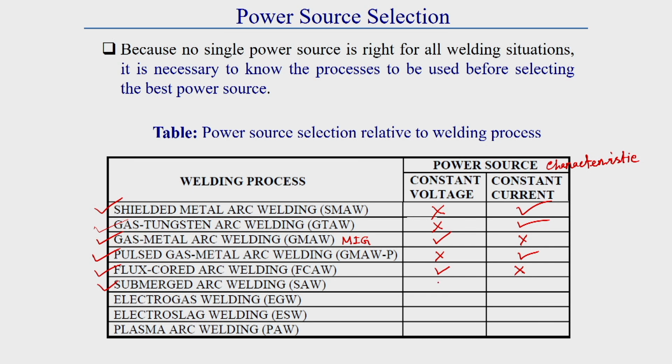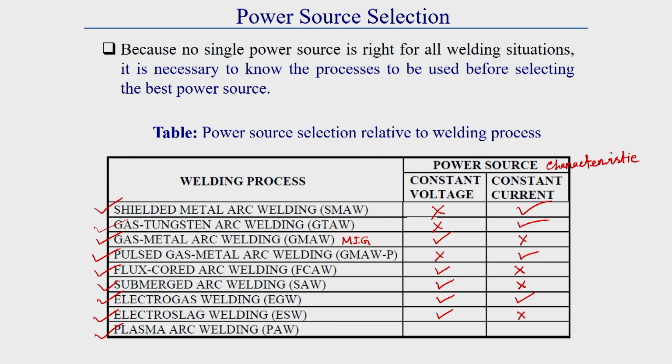So, here also a constant voltage power source characteristic is preferable. In the submerged arc welding process, constant current is not preferable. Similarly, electro gas welding is a process where generally both characteristics can be applied, that means both constant current and constant voltage power source characteristics are applicable. Now, in the electro slag welding process, which is also an automatic and consumable electrode process, constant voltage is preferable, but constant current is not preferable.